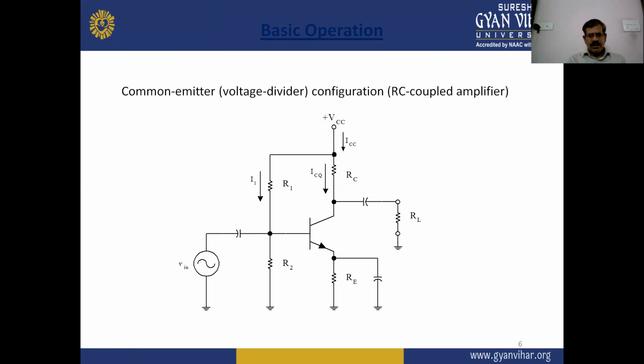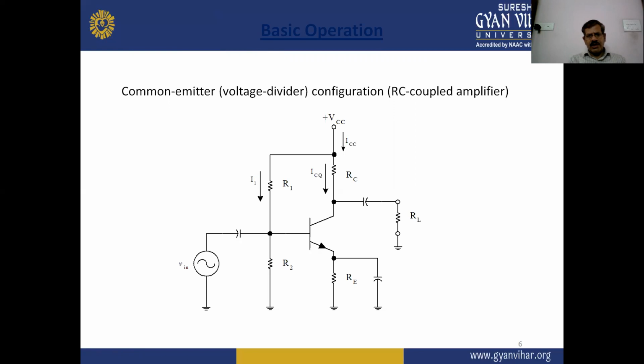Here the transistor is an NPN, and there are two resistances, R1 and R2, the biasing resistances that provide the biasing for this power amplifier.